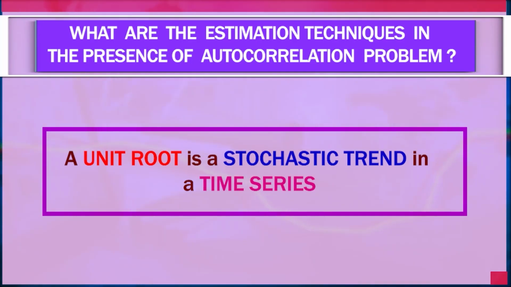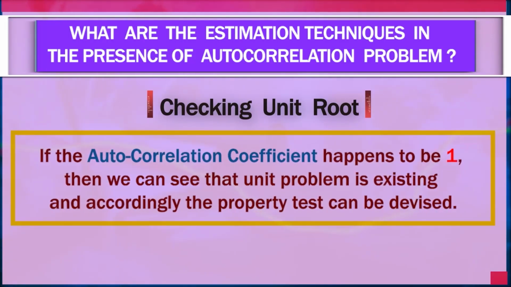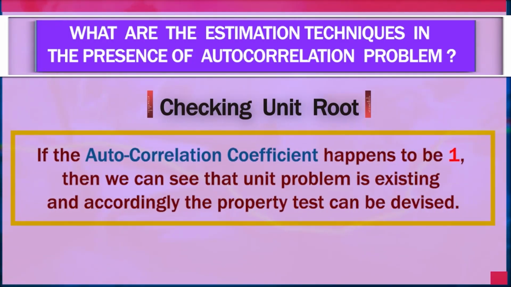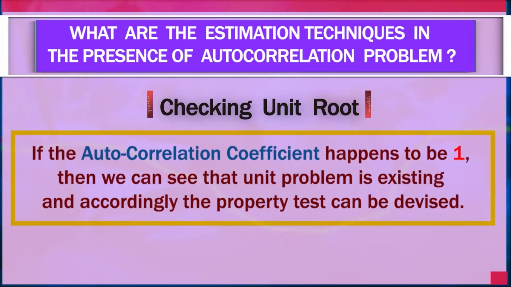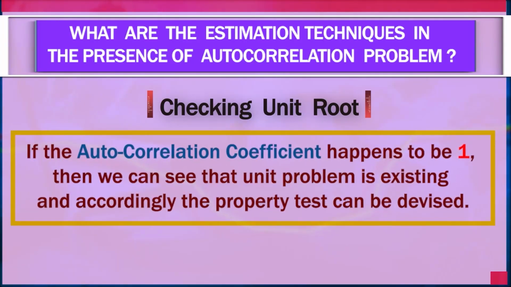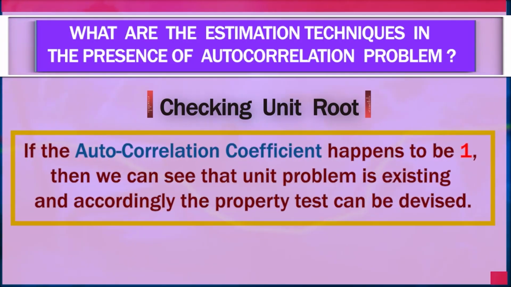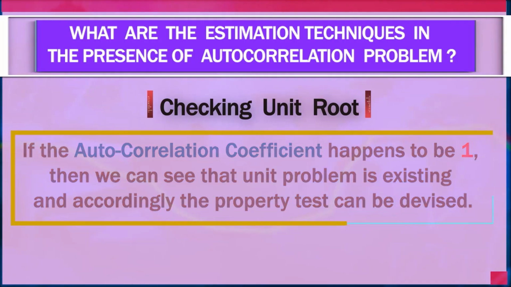If it is equal to 1, definitely ut is dependent on ut minus 1, because that is how the relationship holds. If it is not equal to 1, then there is no autocorrelation problem. So if the autocorrelation coefficient happens to be 1, the unit root problem exists, and accordingly the proper test can be devised.